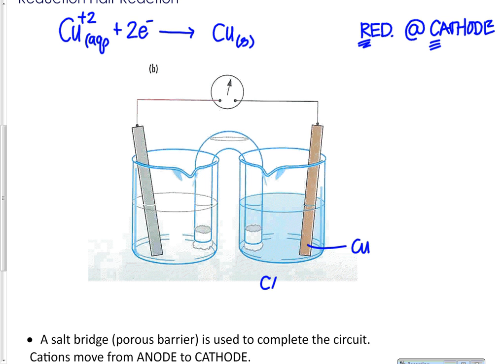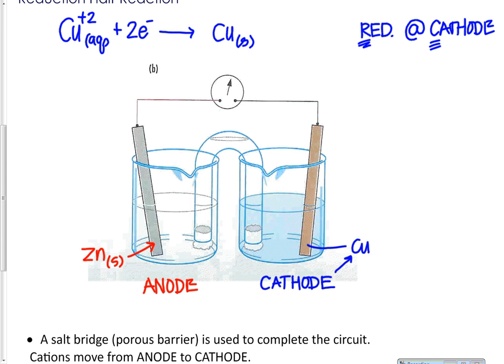This whole compartment, this whole beaker, is what we refer to as the cathodic compartment, but the copper itself is really the cathode. And the zinc, which is what this metal is, that's zinc solid. That is the anode, excuse me, and we would refer to this as the anodic compartment.